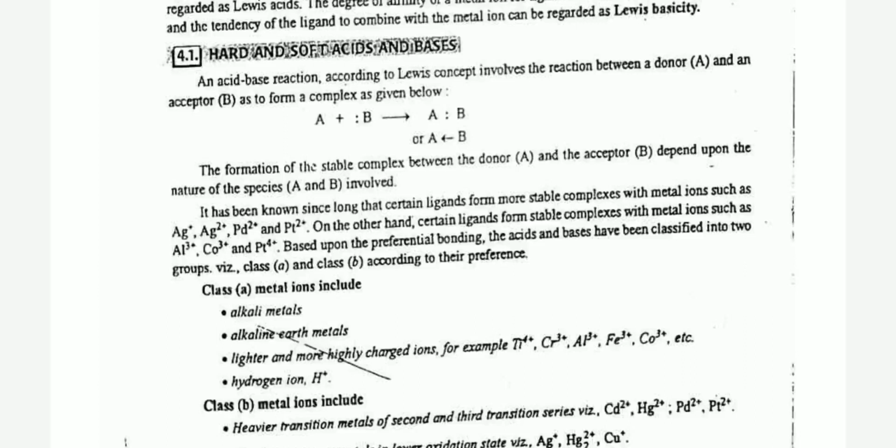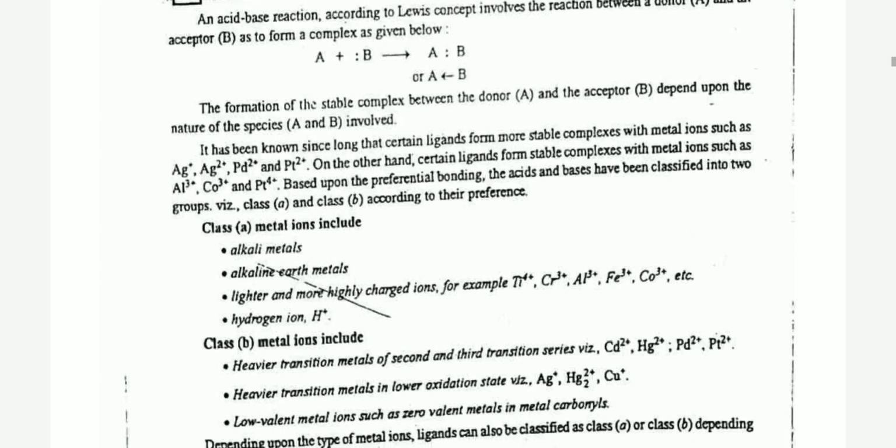Class A metal ions include alkali metals, alkaline earth metals, and lighter and more highly charged ions, for example Ti4+, Cr3+, Al3+, Fe3+, Co3+, etc., and the hydrogen ion H+.